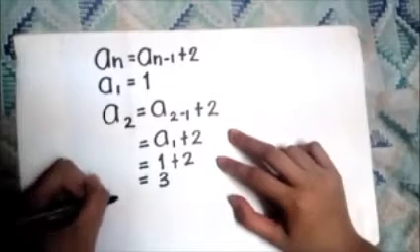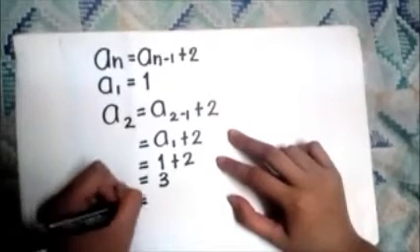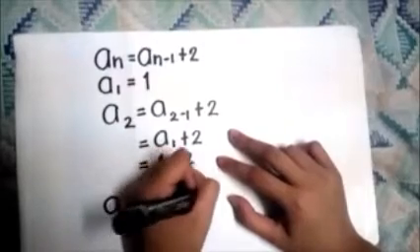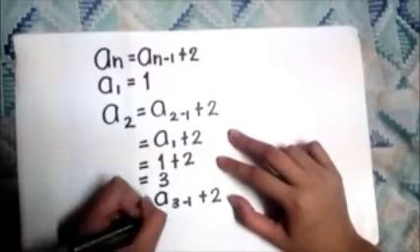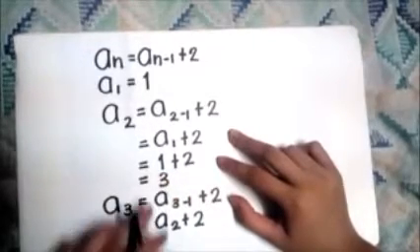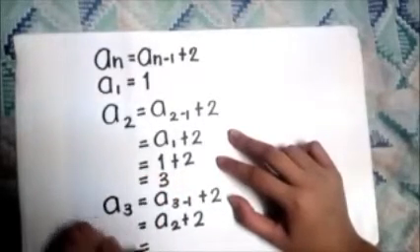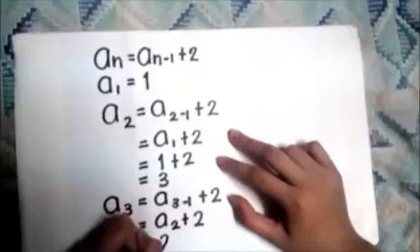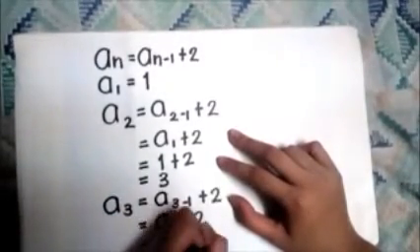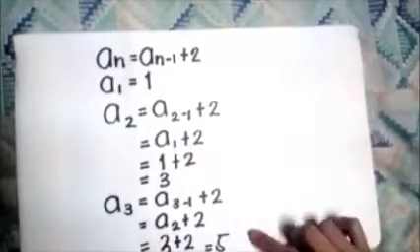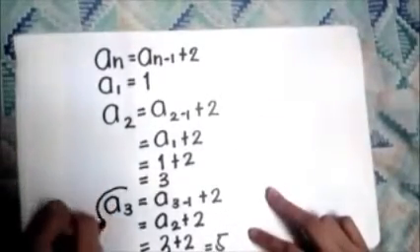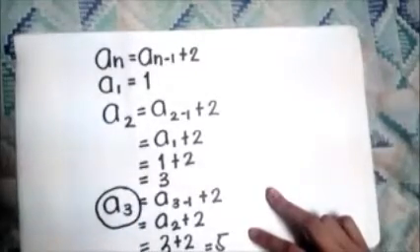What about a sub 3? A sub 3 is equal to a sub 3 minus 1 plus 2, which is a sub 2 plus 2. Wherein a sub 2 is equal to 3, so we add 3 plus 2 is equal to 5. In this case, we use the recursive formula to find the missing term, which is a sub 3.